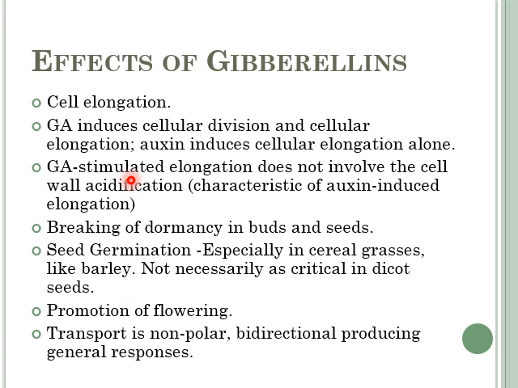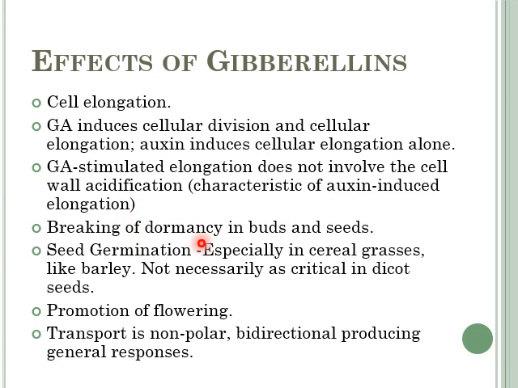So effects of gibberellins: cell elongation. Gibberellin induces cellular division and cellular elongation, whereas auxin induces cellular elongation alone. GA-stimulated elongation does not involve the cell wall acidification characteristic of auxin-induced elongation.